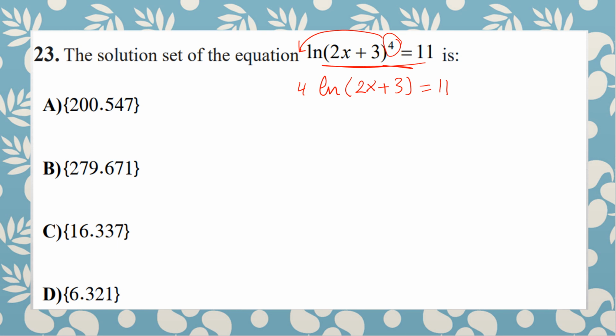Again, we should simplify this by dividing by 4. So ln (2x plus 3) equals 11 over 4.